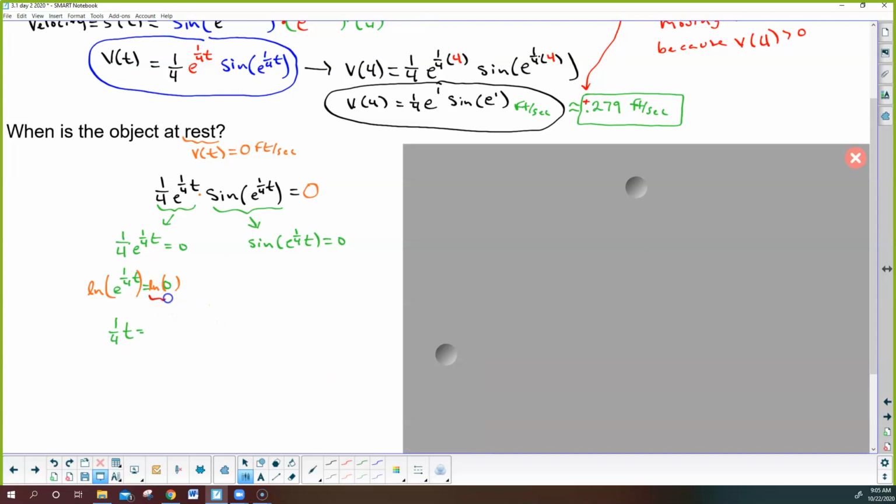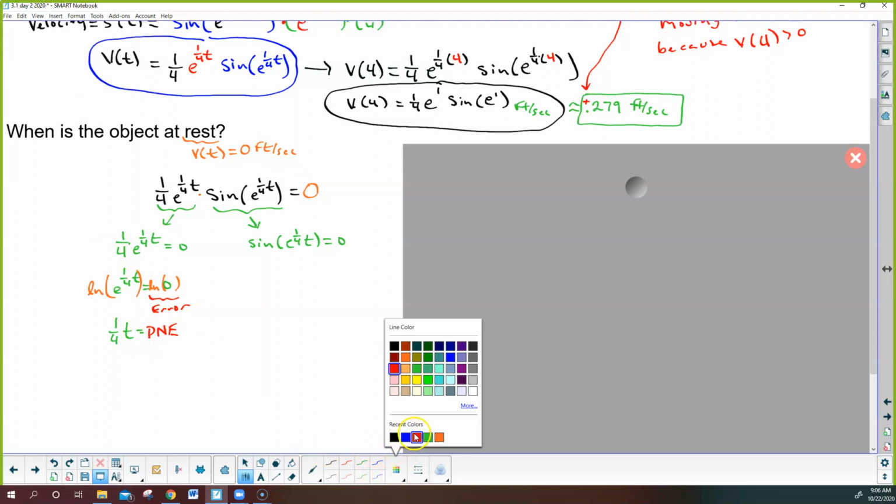If you type the natural log of 0 into your calculator, you get an error. The reason is that the graph of the natural log never crosses 0. So you will get this popping up, which means it doesn't exist, so I don't have an answer from this branch. This branch cannot work. I'm going to stop solving this here, and some people even like to put a little X through it.